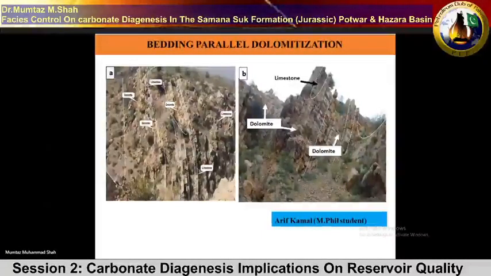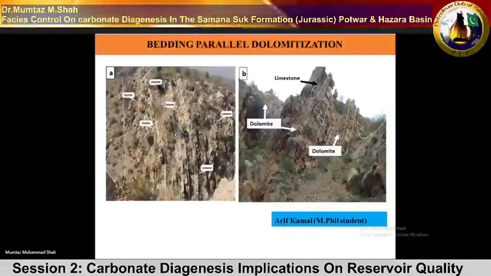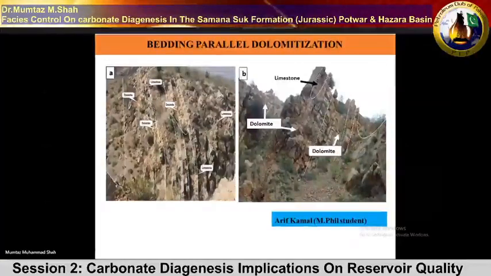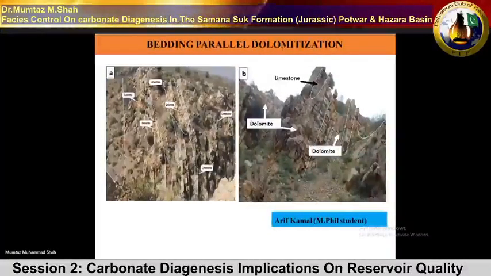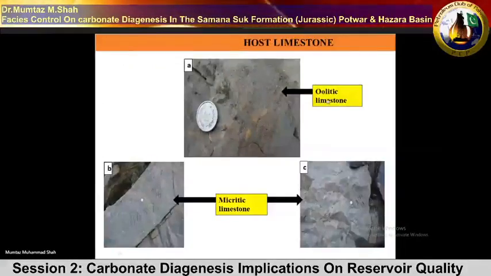Again, we can see vertical beds of dolomite and limestone, representing an interbedded limestone and dolostone succession in one of the studied sections. Here is a typical example of the oolitic limestone in the outcrop, which represents the typical character of the Jurassic Samana Suk Formation, where we have these limestone successions.